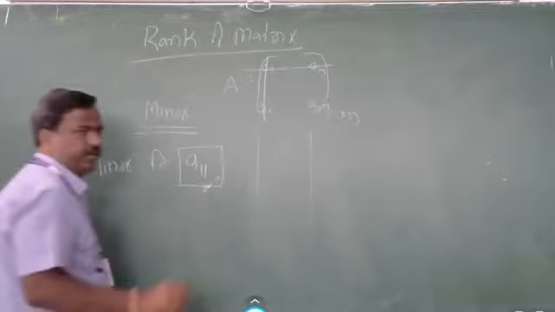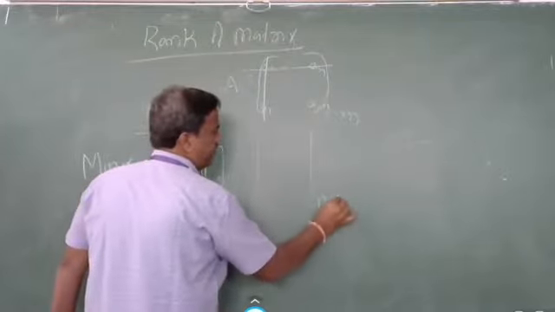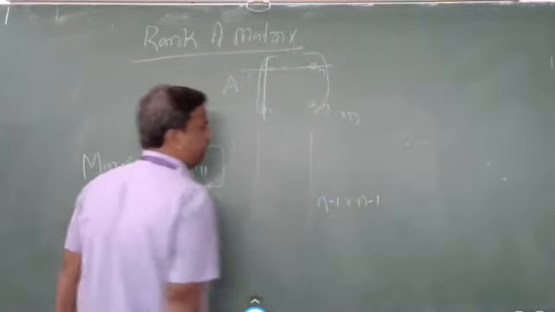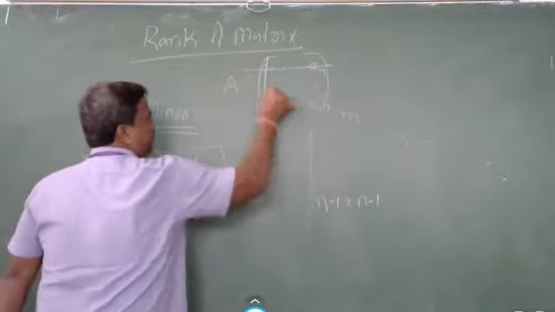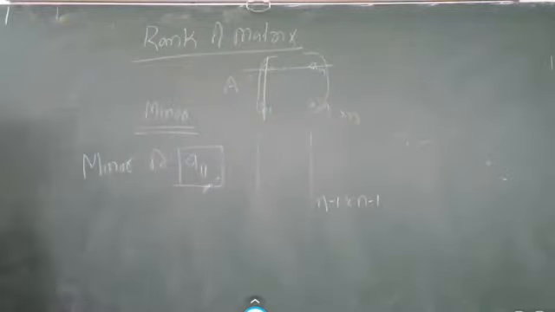Then you get an n minus 1 by n minus 1 matrix. By eliminating this row and this column, we have the remaining elements. You can take that one. That is a minor of a matrix.